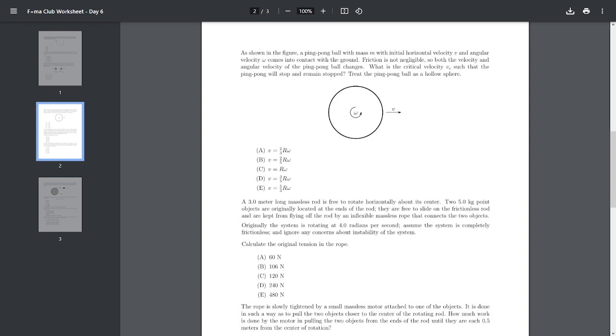So the big thing here is we need to determine the equation. We have some amount of momentum and some amount of angular momentum, right? So our P equals mv, and we also have our angular momentum, which is PR, equal to our I omega.